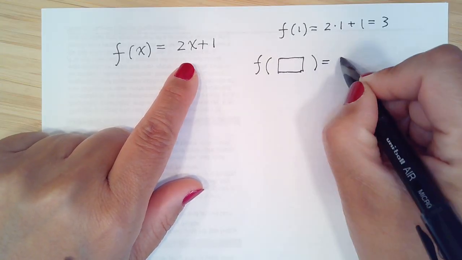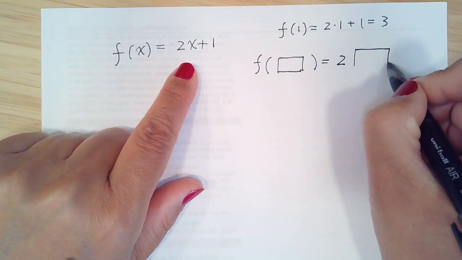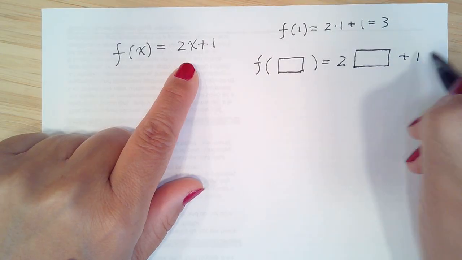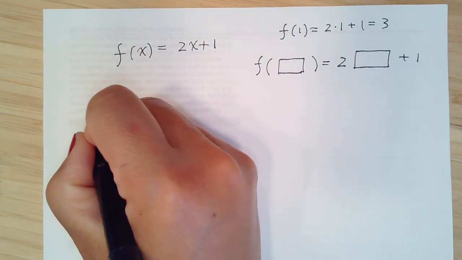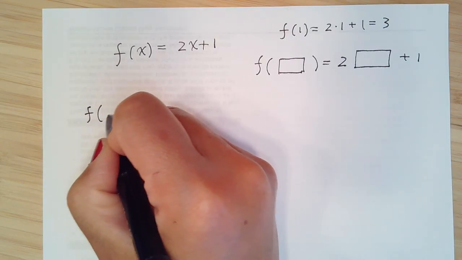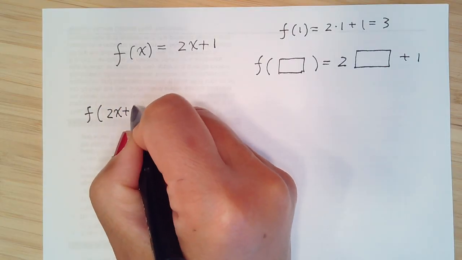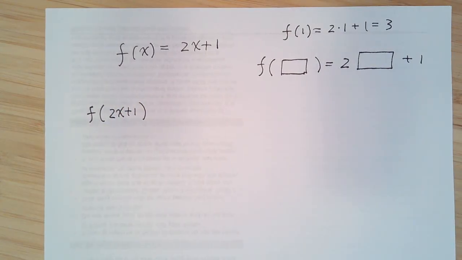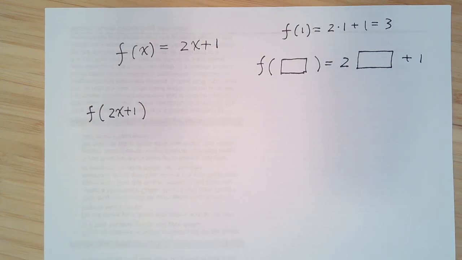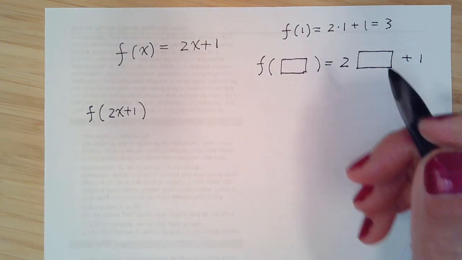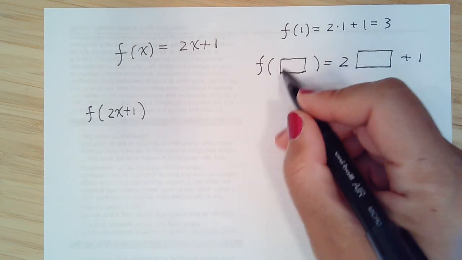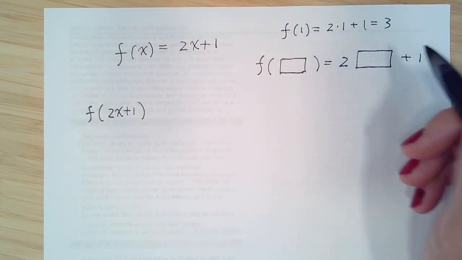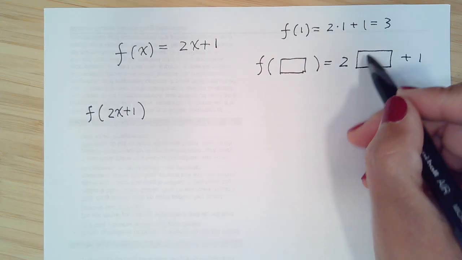That'll be 2 times this, then plus 1, right? So that's a function. Now, the tricky part comes, what is f of this guy? Whatever you put here, you can use an apple, you can use a flower to show whatever the input is. What comes out is twice of that guy plus 1.